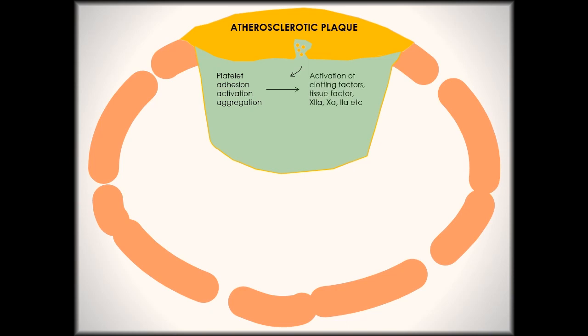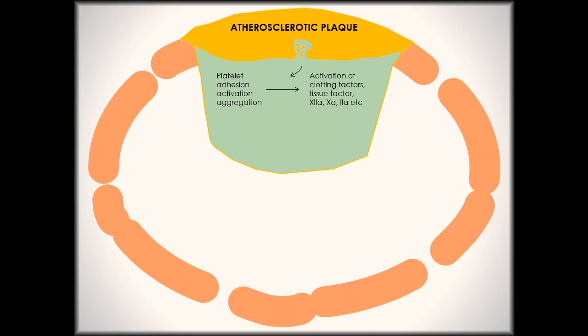This is coupled with activation of clotting factors to help cover the wound that is detected by the body when the atherosclerotic plaque ruptures, because this rupture occurs when there is separation of the endothelial layer that usually covers on top of the atherosclerotic plaque.